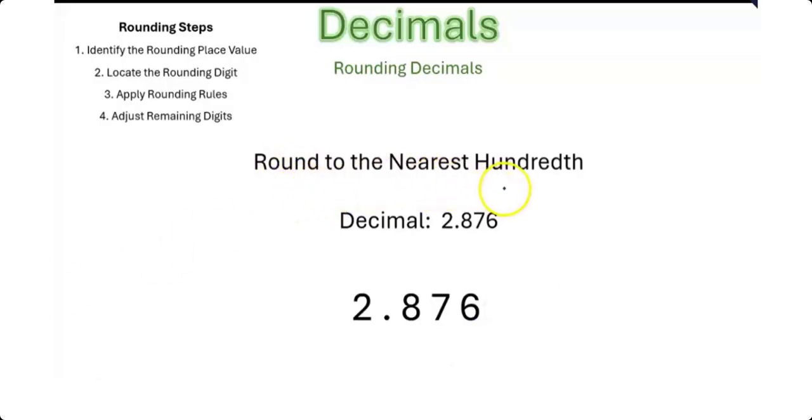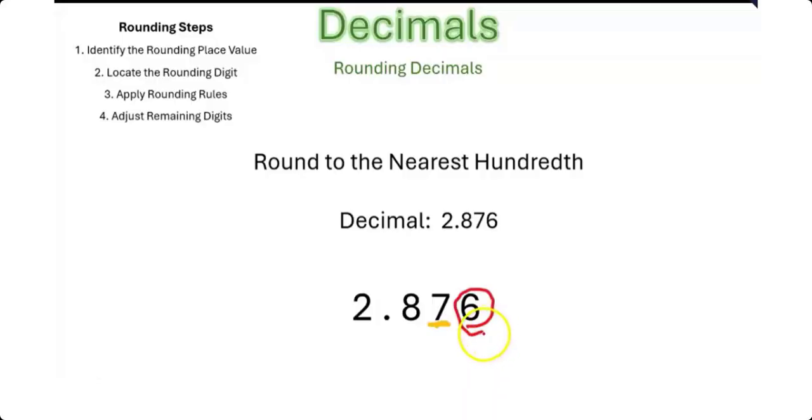Round to the nearest hundredth. The decimal is 2 and 876 thousandths. Okay, so if we're rounding to the nearest hundredth, that means it is the 7. Number 2, locate the rounding digit. The rounding digit is the one that's going to tell us how to round. So the rounding digit is the 6.